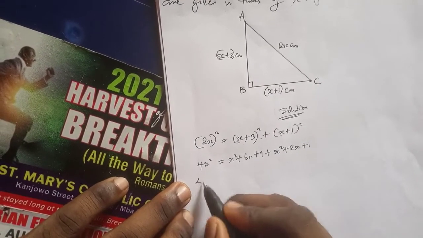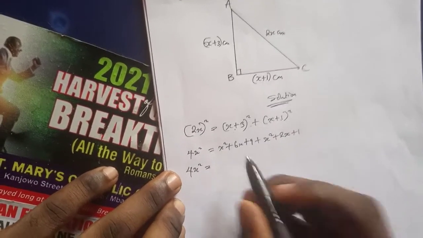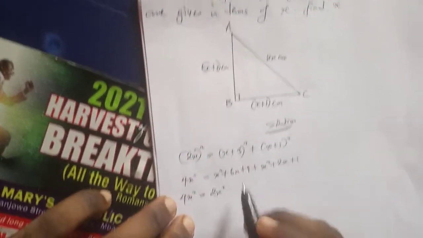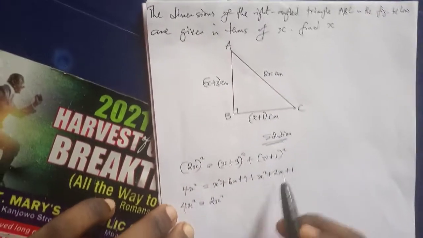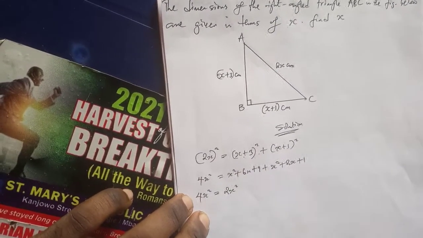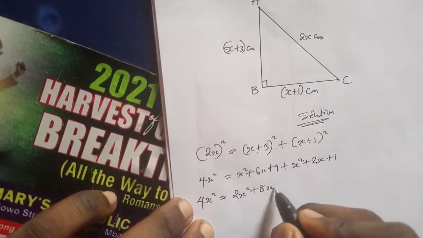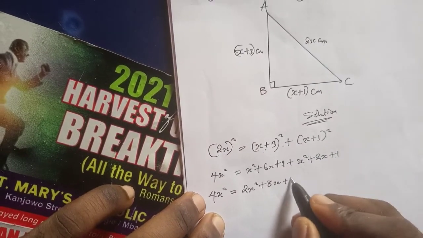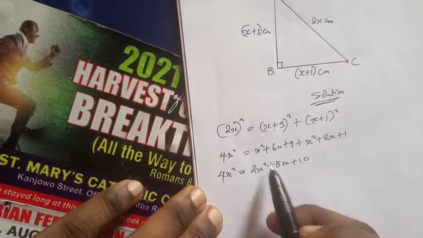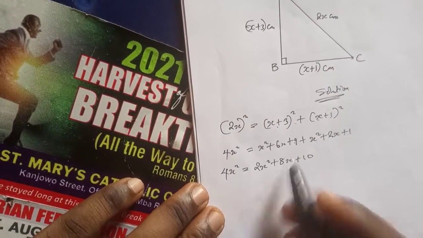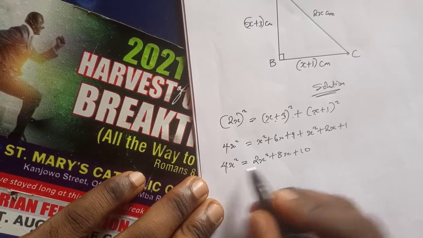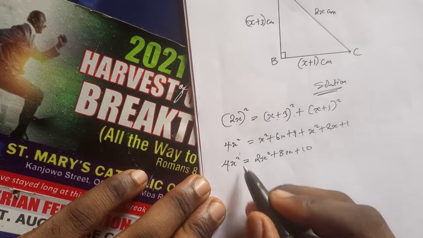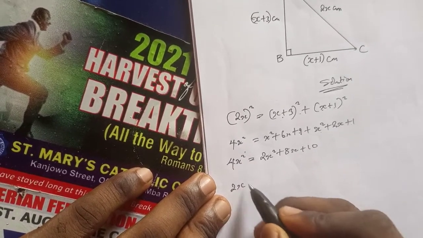Okay, I will have 4x squared being equal to x squared plus x squared to give me 2x squared. And here I have 6x plus 2x to give me 8x. Here I have 9 plus 1 to give me plus 10. Now, I will have 4x squared minus 2x squared to give me 2x squared.